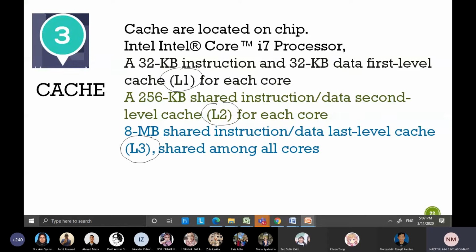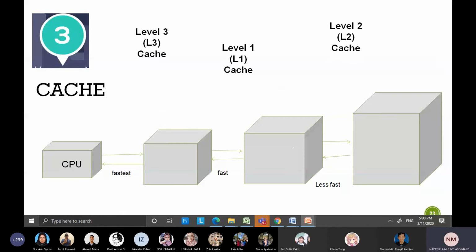Level 1 is usually for each core, level 2 also for each core, and level 3 usually shared among all cores. So these are all the levels.